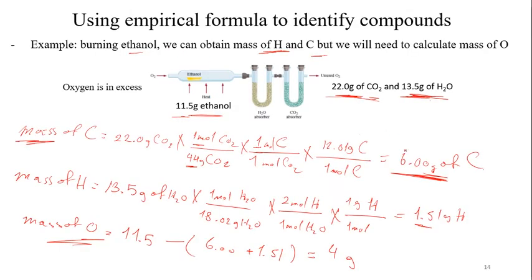Number of moles of carbon would be equal to the grams that I obtained from the previous step, which is the 6 grams carbon. I know that each 1 mole of carbon contains 12.01 grams of carbon.